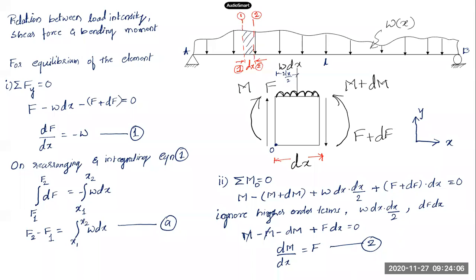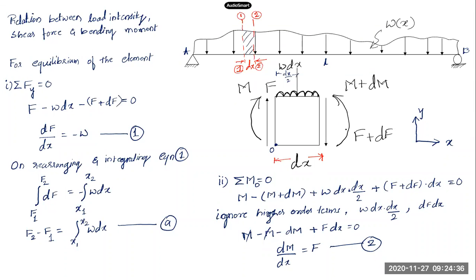The resultant load is w into dx, and it will act exactly at the center of this UDL, so w into dx into dx by 2, the middle of the UDL. The moment will be this total load multiplied by the distance. About point O, the direction of this moment will be clockwise. So plus w into dx into dx by 2.